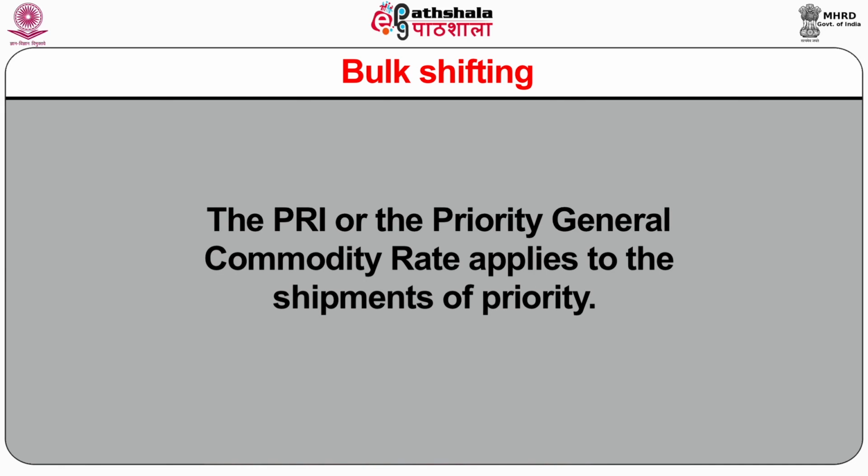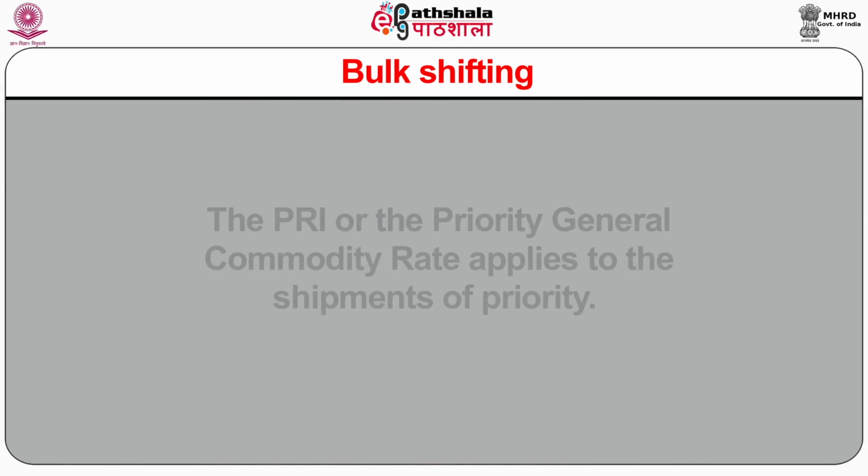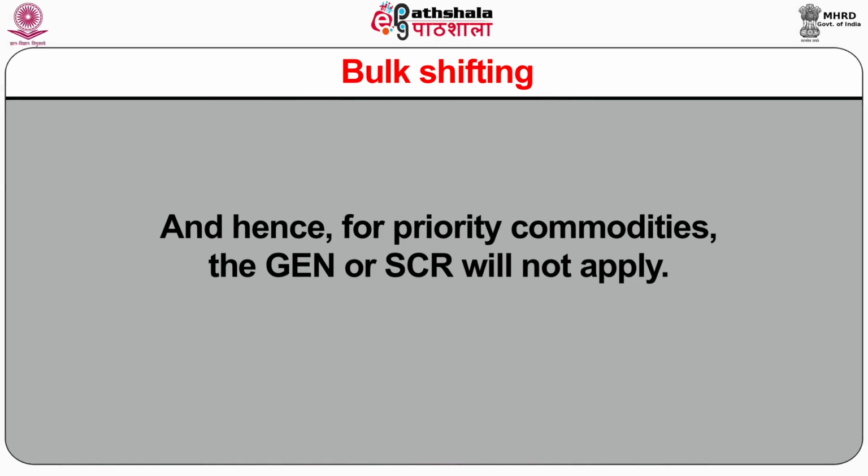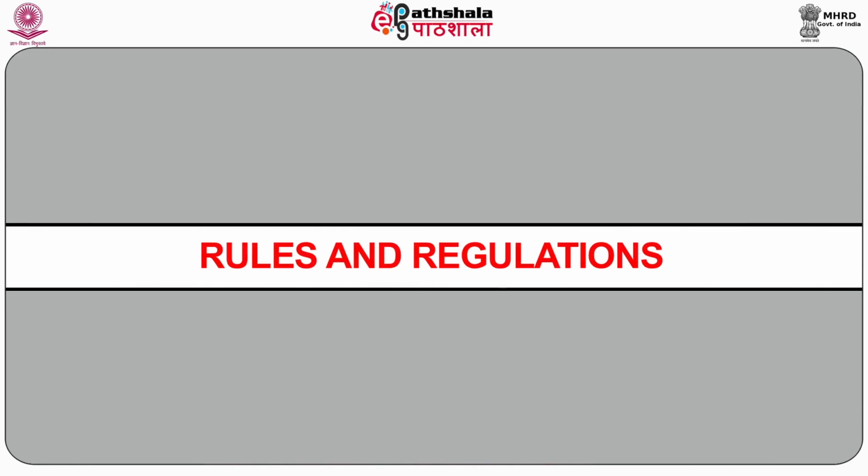The PRI or priority general commodity rate applies to priority shipments, and hence for priority commodities the GEN or SCR will not apply.